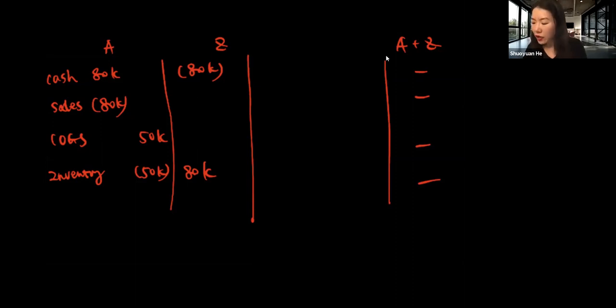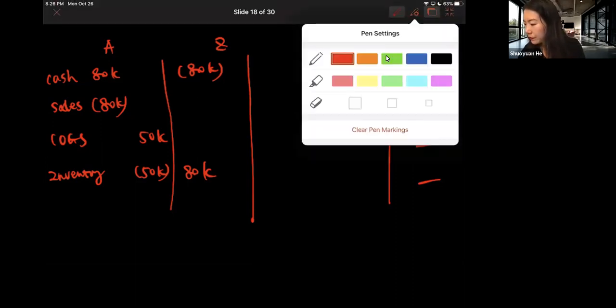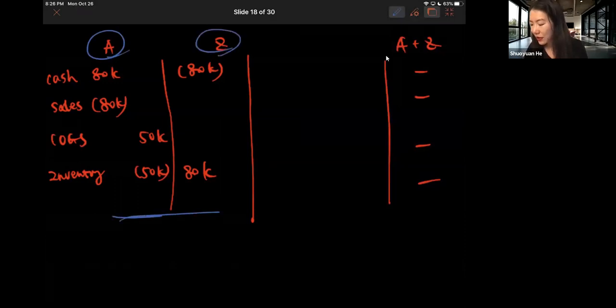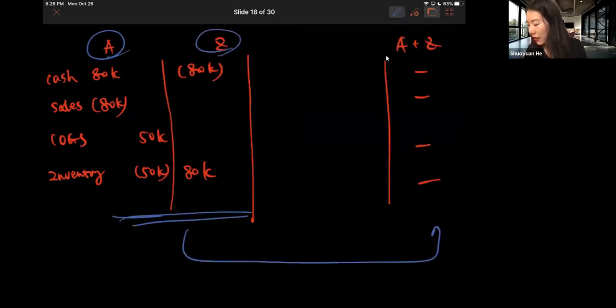And then how do we transfer? We take Arlington's book and Zirkin's book. So we have this, and how can we transfer to Arlington and Zirkin as one firm, which means that no journal entry should be made. So let's first put in the entry TI, which we did before.